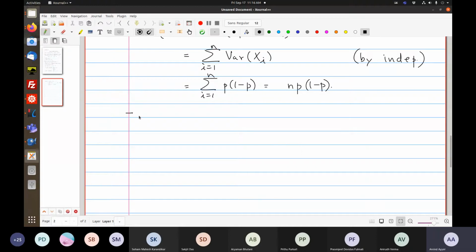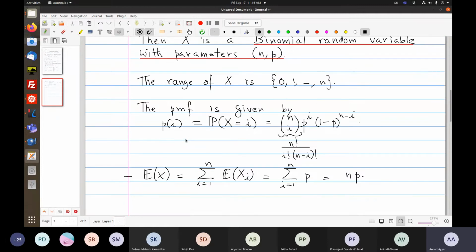The last thing I'll do is compute the moment generating function. So phi of t.